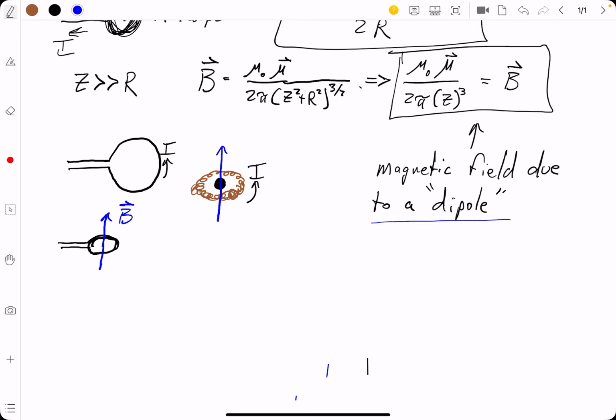But is it really a dipole? No. But we call it a dipole because that's what's generating our B field. It's dipole-like, right? So our magnetic moment is dipole-like, all right? So we call it a quote-unquote dipole, but no poles in real life, okay? IRL.